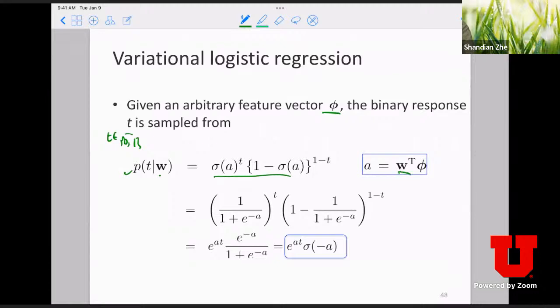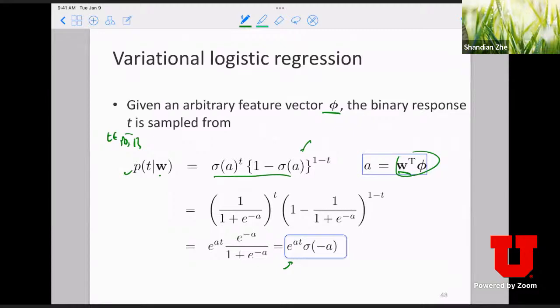The score A is the inner product between the weight vector w and the feature vector phi. If you substitute this w transpose phi for A in our likelihood and merge the terms, you get this form: e to the power of At, and sigmoid of minus A. Again, A is w transpose phi.